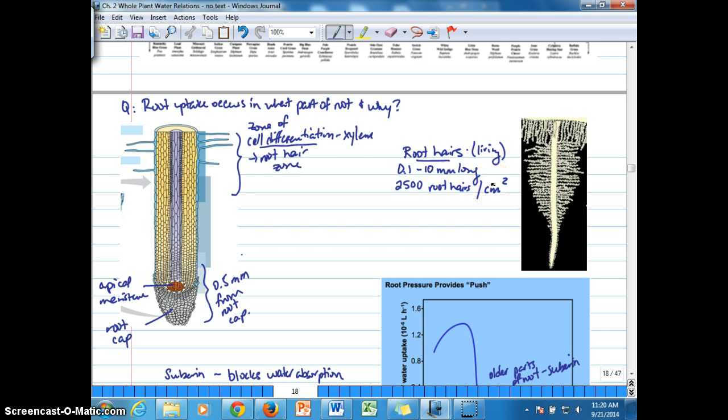So basically the root hairs have the advantage of increasing the absorptive surface area, increasing surface area of absorption, which is an advantage to plants, by something like 1.5 to 20 times compared to roots without root hairs.